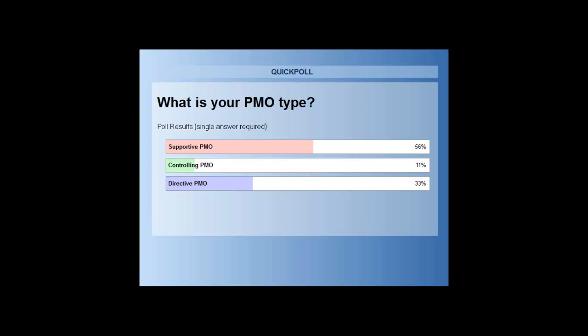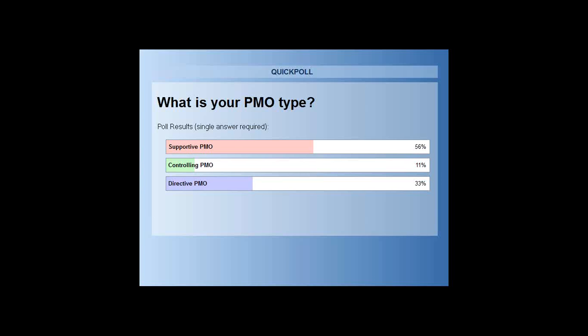Okay, interesting. There was a study basically done by PMI, not directly by PMI. I can't remember the business who conducted the study for PMI, on the types of PMOs globally.